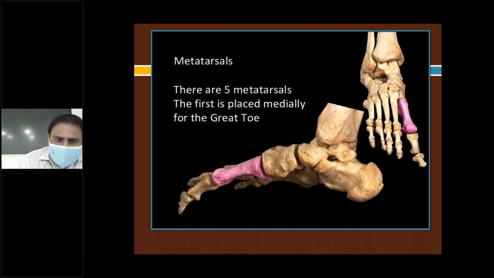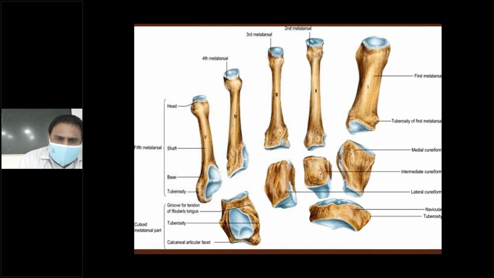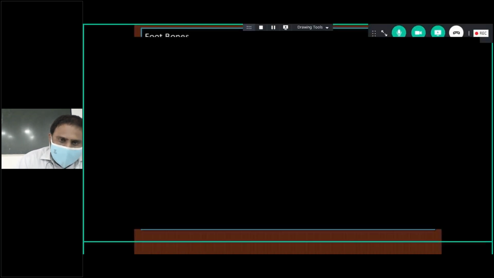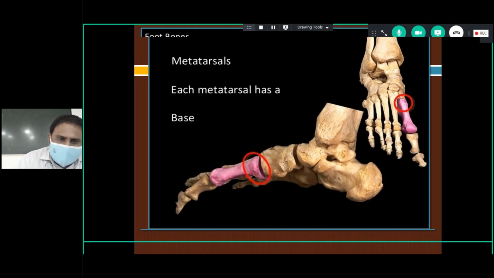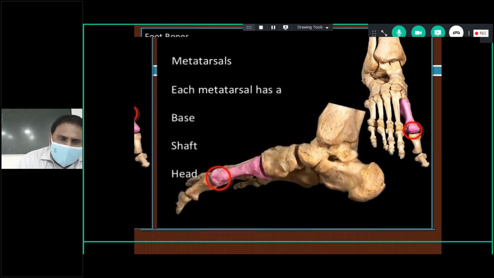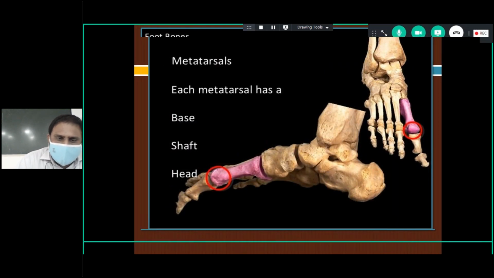Here is the great toe, attached with the first metatarsal. Each metatarsal is divided into base, shaft, and head. We already discussed the base according to shape.